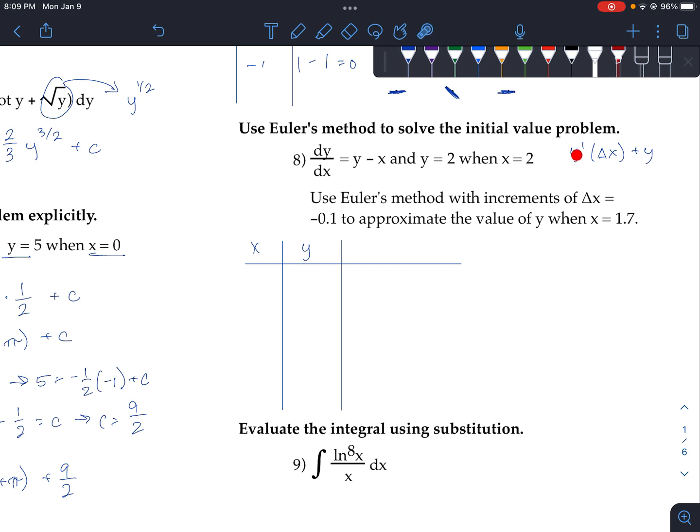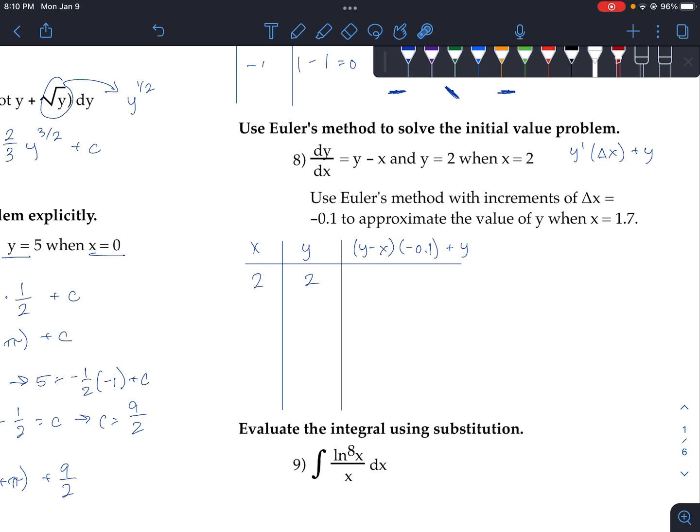Well, in this case, y prime is given as y minus x, so we'll do y minus x multiplied by your change in x. Your change in x is given to you right here. So use Euler's method with increments of delta x equals negative 0.1. So this is always going to be negative 0.1 and then plus y. And we're starting with 2 and 2, and I like to do this part first.